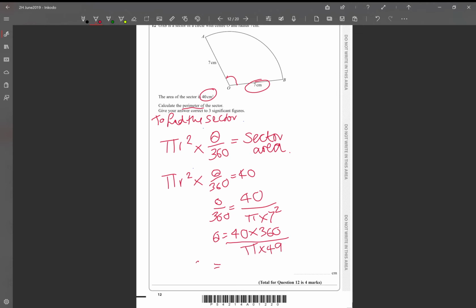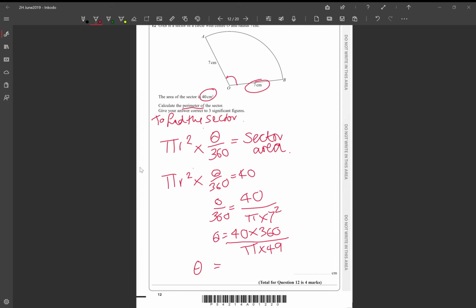Okay, so the angle we're looking for, if we get the calculator out: 40 times 360.